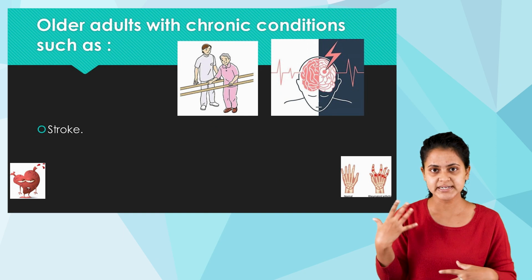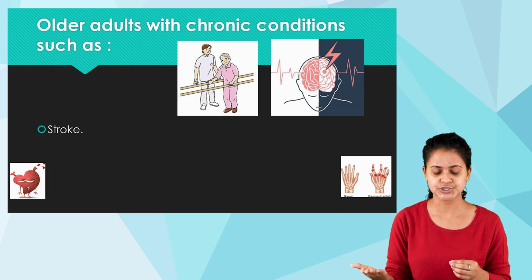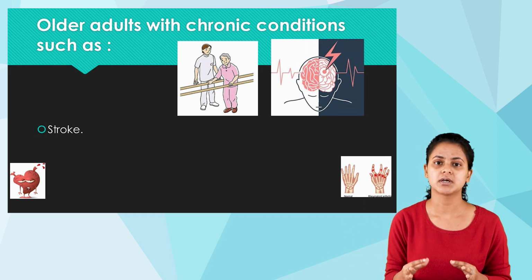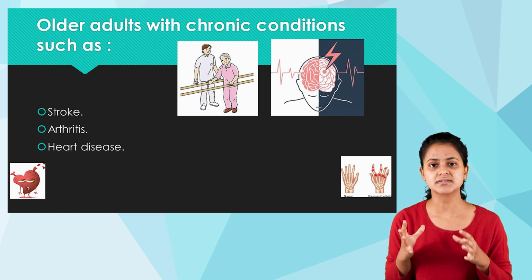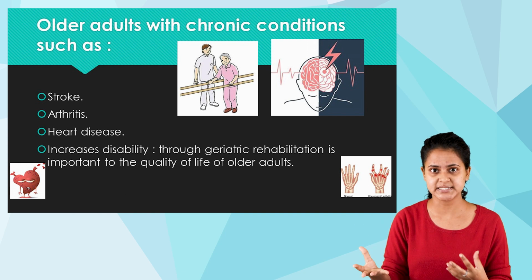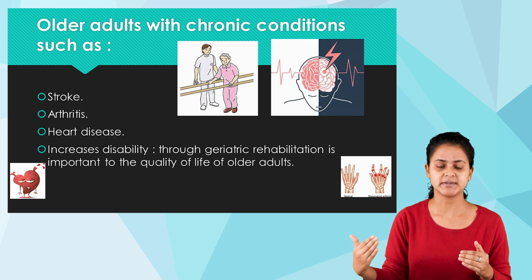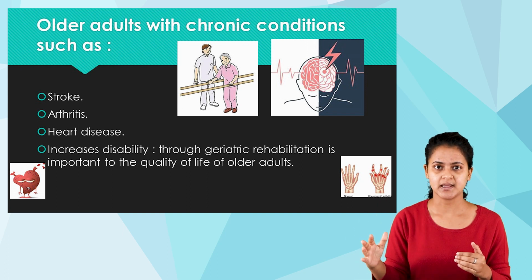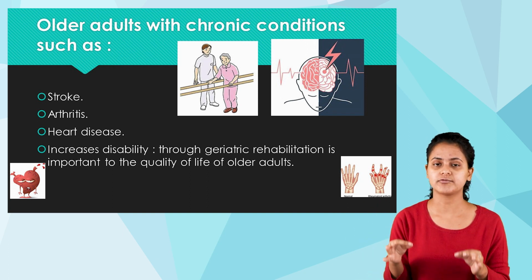disability. Now, older adults with chronic conditions such as stroke, arthritis, heart disease, and severe disability related to any accident definitely need rehabilitative care to maintain their quality of life.